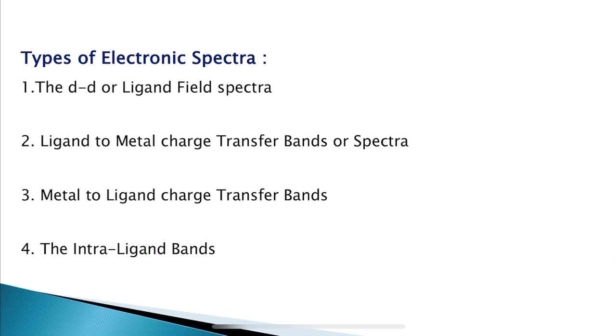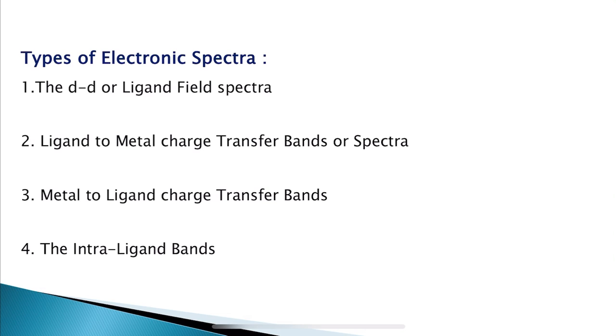In coordination chemistry, while talking about complexes and different types of electronic transitions, the oxidation state of the central metal ion is very important, and this is a main factor which explains the energy gap between T2g and Eg orbitals in the d-d or ligand field spectra.